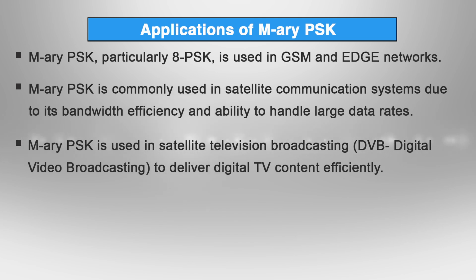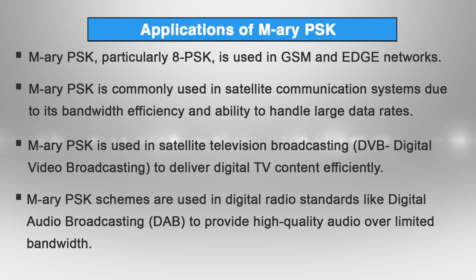M-array PSK, such as QPSK, is used in satellite television broadcasting, for example DVB, that is digital video broadcasting, to deliver digital TV content efficiently. M-array PSK schemes are also used in digital radio standards like digital audio broadcasting to provide high quality audio over limited bandwidth.